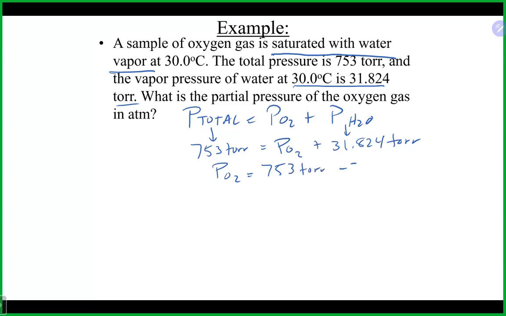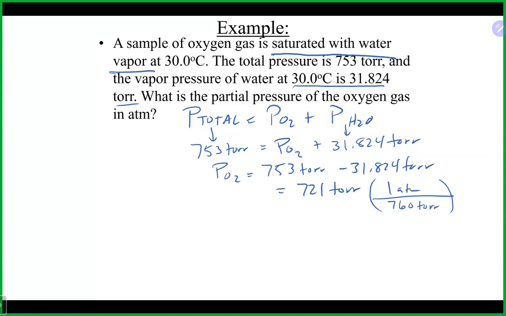So again, our pressure of oxygen gas, or our dry oxygen gas in this case, would be 753 torr minus 31.824 torr. We'll go 753 minus 31.824, about 721 torr. We do want it in atmospheres, so remember that is our 760 conversion. 760 torr is an atmosphere.